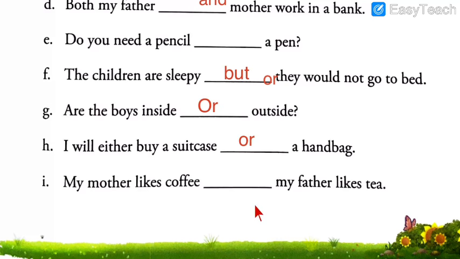My mother likes coffee, but my father likes tea. The opinions are different from each other. Both the ideas do not agree with each other. That is why but is used.